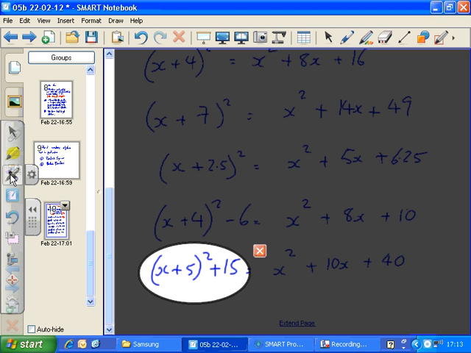It looks like this: s plus 5 squared plus b. Just the bottom here, that's all we're doing.